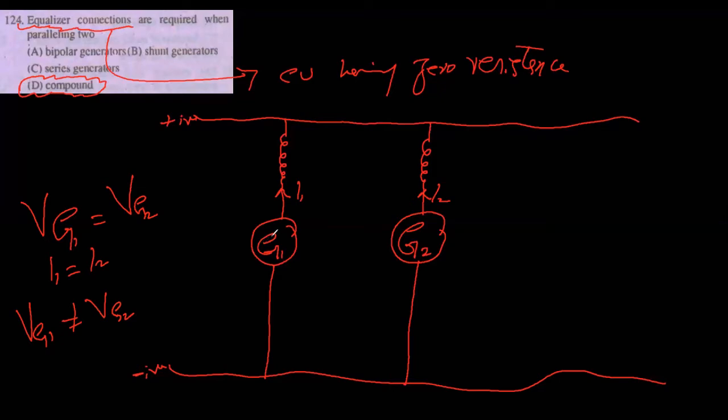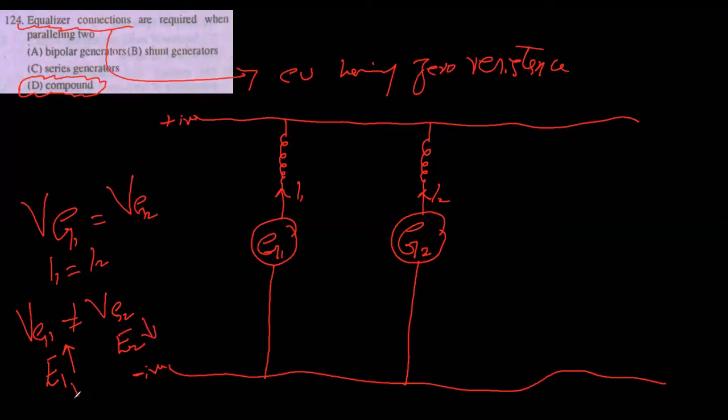So then what will happen? Excitation 1 will increase gradually and excitation 2 will decrease gradually.